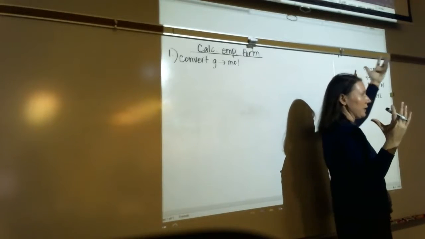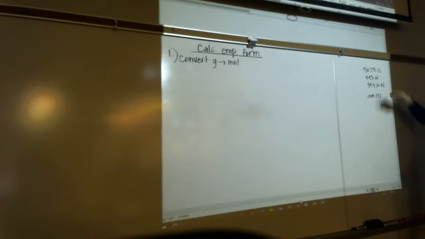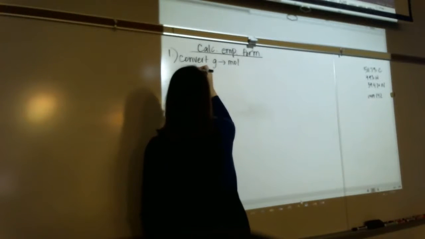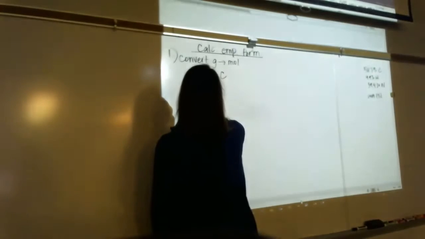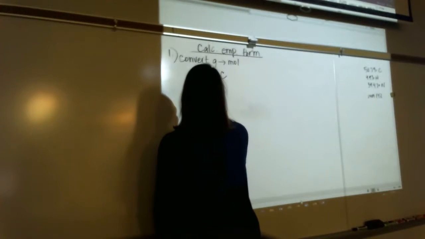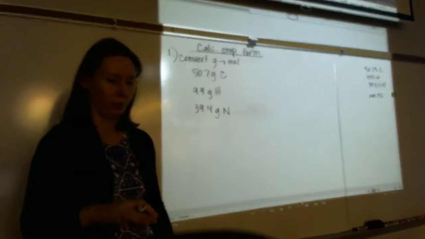Okay, we're just going to pretend for the sake of argument that this is a 100-gram sample. If it's a 100-gram sample and it's 50.7% carbon, how many grams of carbon will we have? 50.7, right. So we're just going to take all those percentages and drop the percent sign and replace it with a G. So 50.7 grams carbon, 9.9 grams hydrogen, 39.4 grams nitrogen. We're going to convert all those to moles.